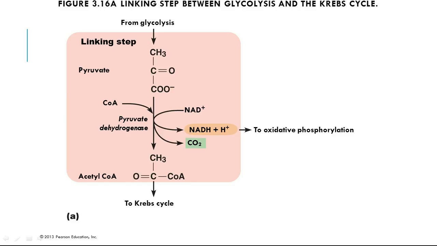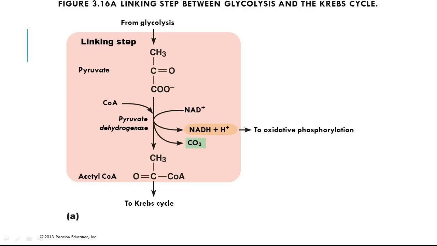This figure 3.16a is representing the intermediate step, kind of also oversimplified. We're starting out with our pyruvate. And this here, this CoA, the C doesn't stand for carbon, it stands for coenzyme A. And this coenzyme A is a really big structure. So instead of having them put this big confusing structure so you don't overlook the pyruvic acid, they just abbreviated it CoA.